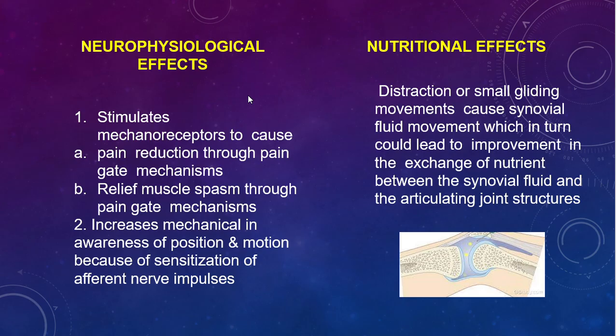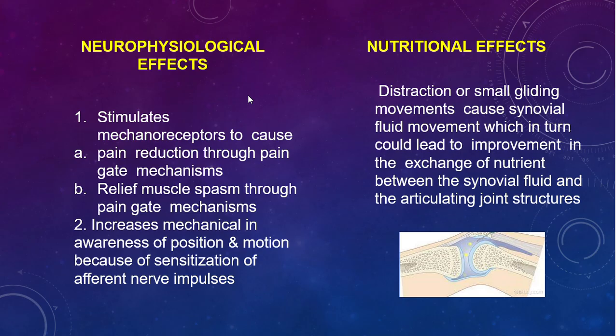For the neurophysiological effect, when manual therapy is carried out and movement is applied, the receptors sensitive to movement in the joints, muscles, and tendons, called mechanoreceptors, will start firing impulses to the central nervous system, and these impulses could cause the pain gate closing mechanism at the level of the spinal cord. It will cause release of endogenous opiates from the brainstem, which can mitigate, modulate, or stop the pain altogether.